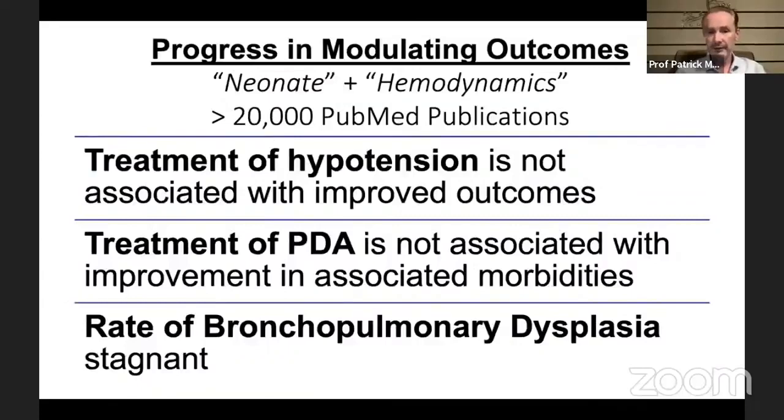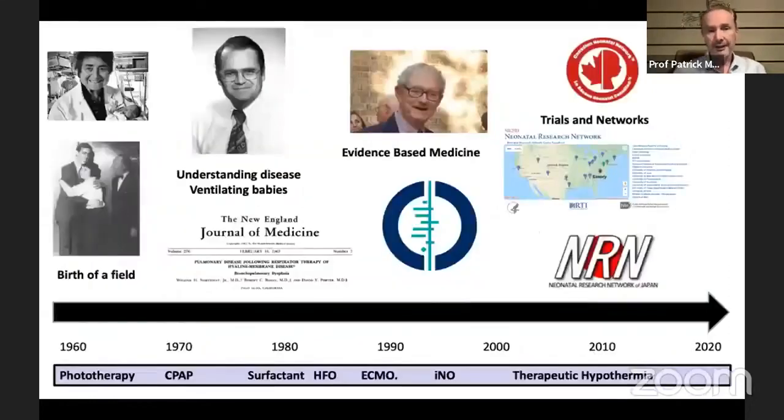Yet when we think about most of the problems we face on a day-to-day basis in the NICU, blood pressure, the ductus arteriosus, bronchopulmonary dysplasia, intraventricular hemorrhage, it doesn't appear that we've made a lot of progress, which is kind of surprising. I just listened to Joe's talk about individualization of care and the importance of understanding mechanism and so forth.